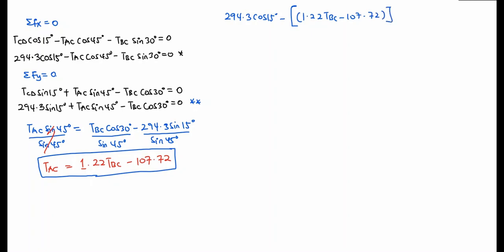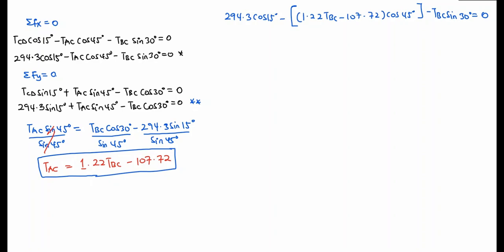And then this is multiplying cosine of 45 degrees. So let's close the bracket now, minus TBC sine of 30 degrees, and then this should be equal to 0.